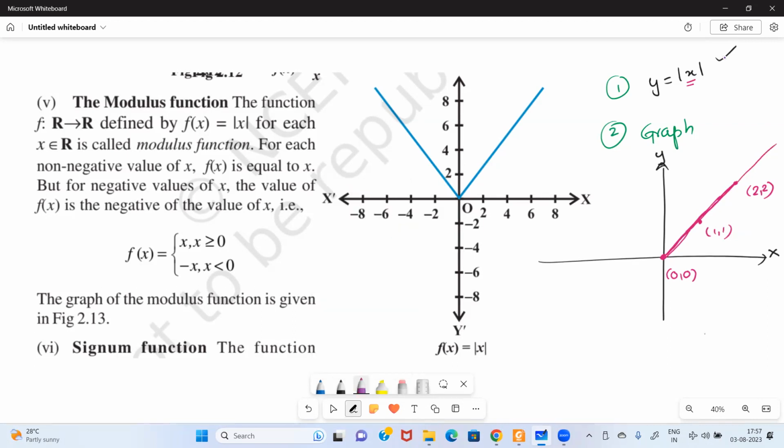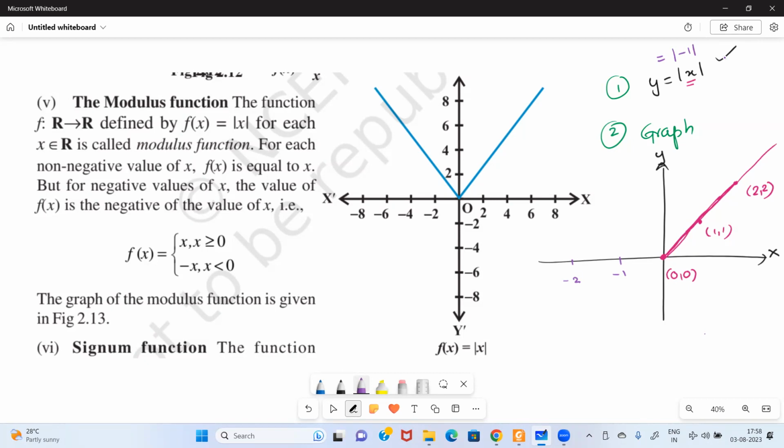Okay. Now let's move on to the left side. Left side, x values are negative, right? Let's say I have -1. Let's say I have -2 as x values. So if I place x as -1, what is mod of -1? Modulus function will give a positive answer for it.